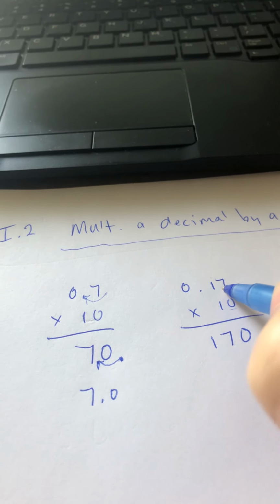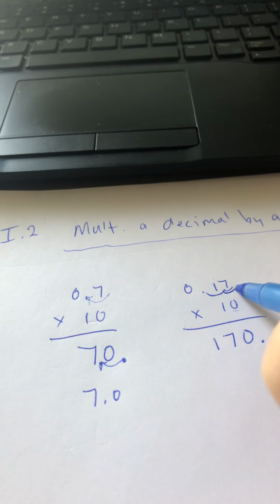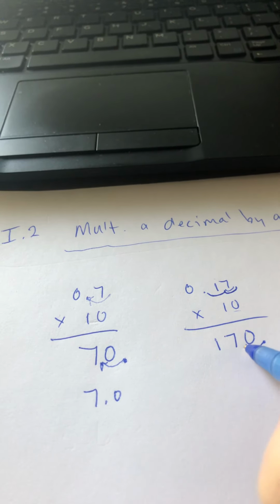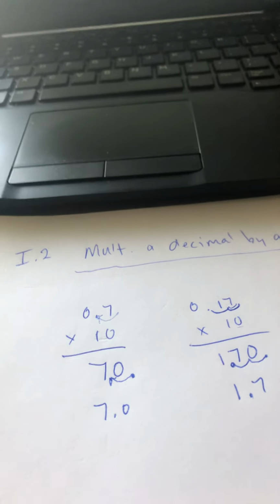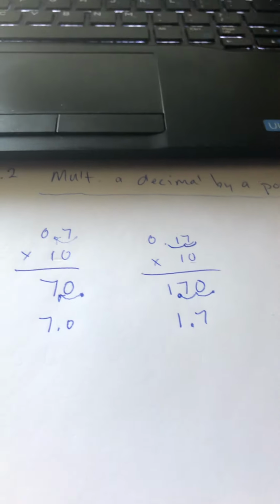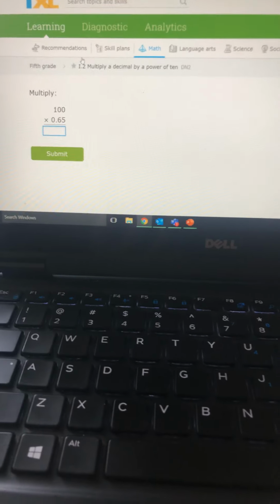Well, in 0.17, I have 2 decimal places, okay? So I'm going to move my decimal place over 2 times. 1, 2. So our new number is 1.7. Okay. Looks like we got it.